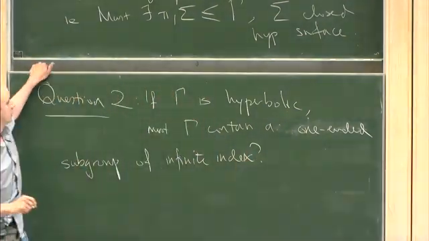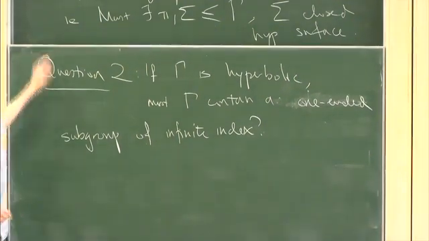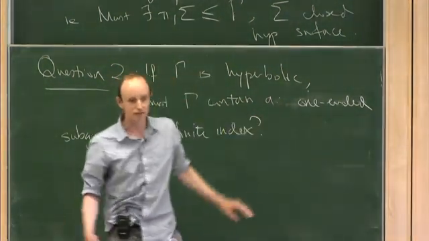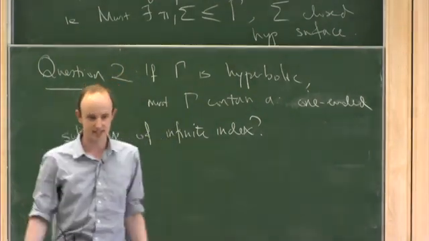In other words, this is asking, can I find an interesting one-ended subgroup? Now, of course, if gamma itself were one-ended, then gamma would qualify, and we don't want that. So that's why I put in this infinite index hypothesis.